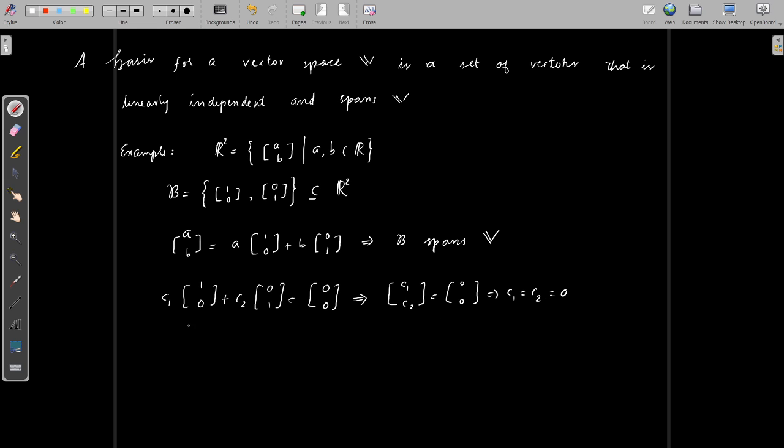This shows that the only linear combination which yields 0 is c1 equal to 0 and c2 equal to 0. So the set B is linearly independent, hence it is a basis. B is a basis for V.